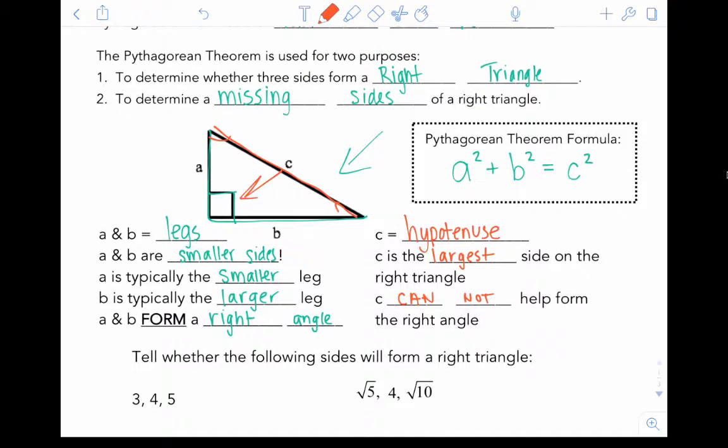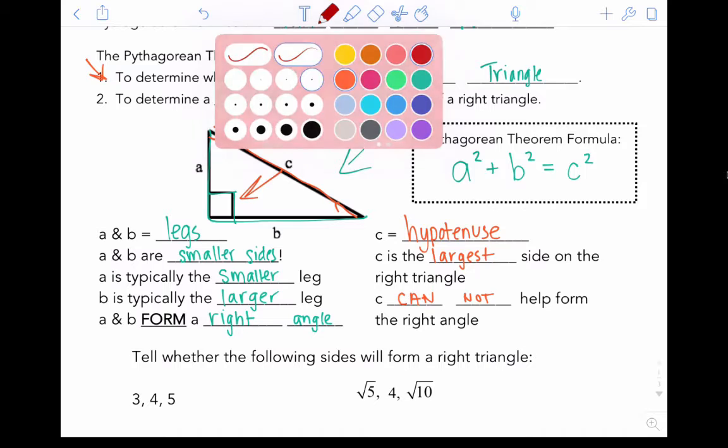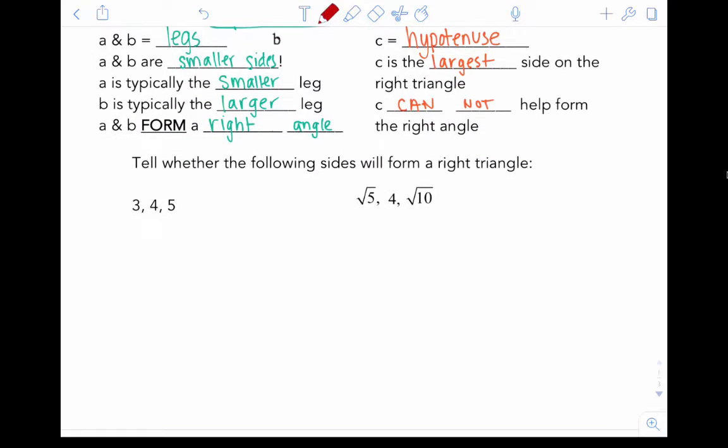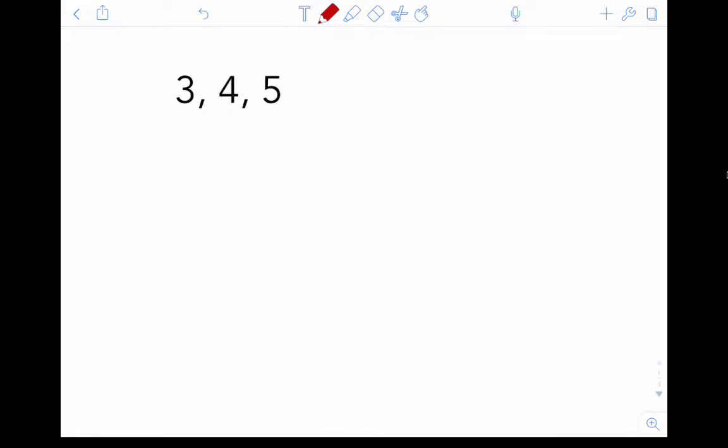All right, so in our first examples we're going to be doing the first purpose that we talked about. We're going to determine whether the three sides that were given will form a right triangle. I have three side lengths right here, 3, 4, and 5. My first thing I need to do is figure out which ones are a, b, and c.